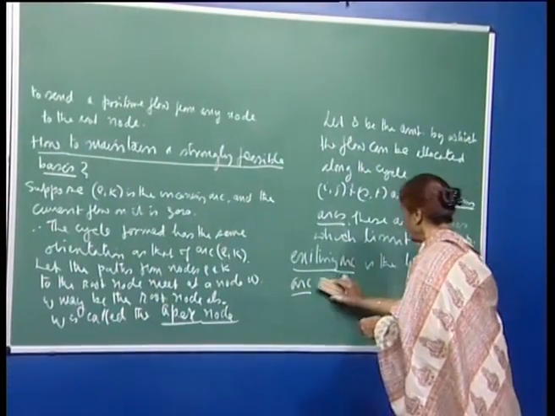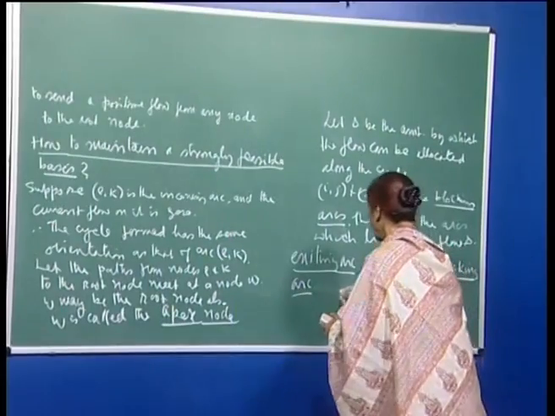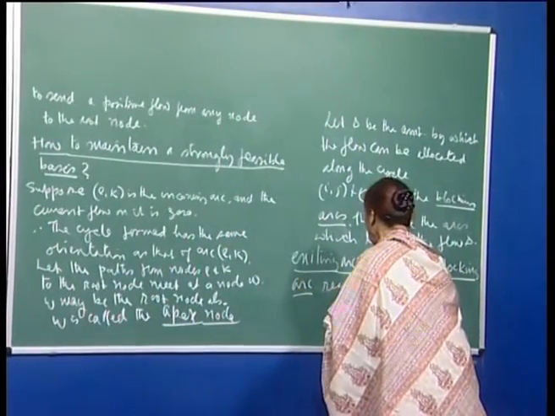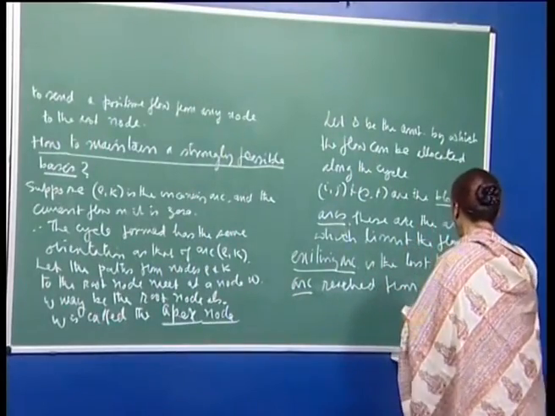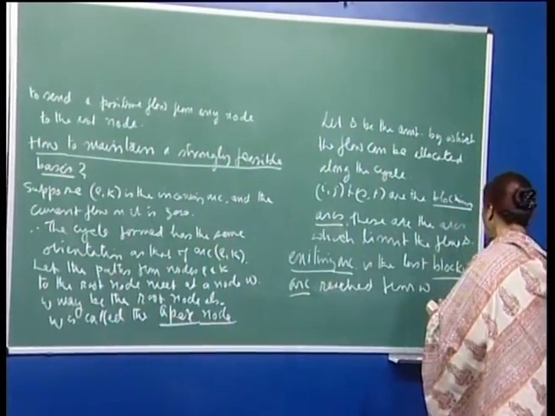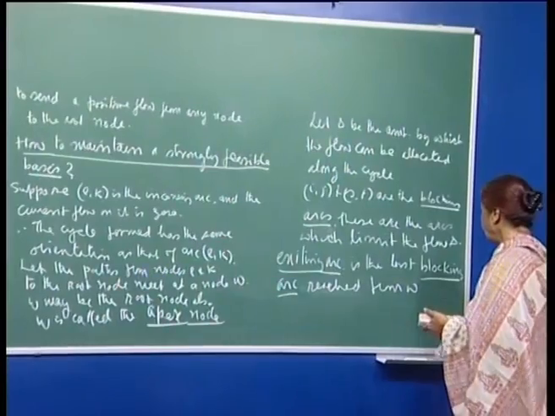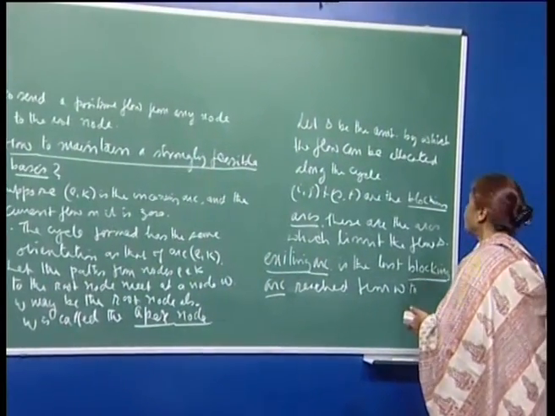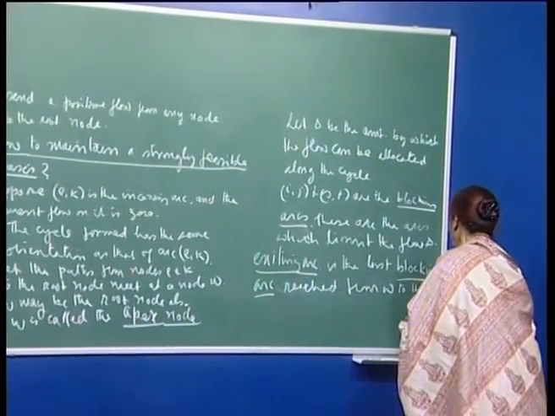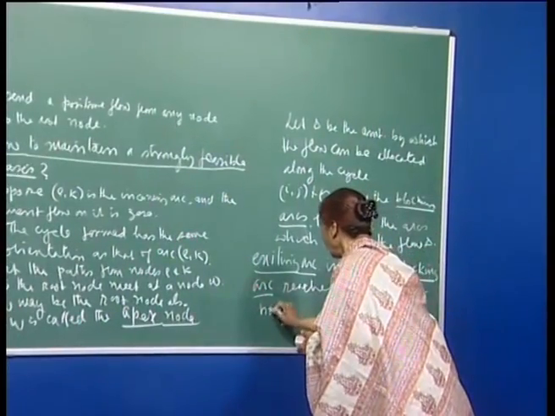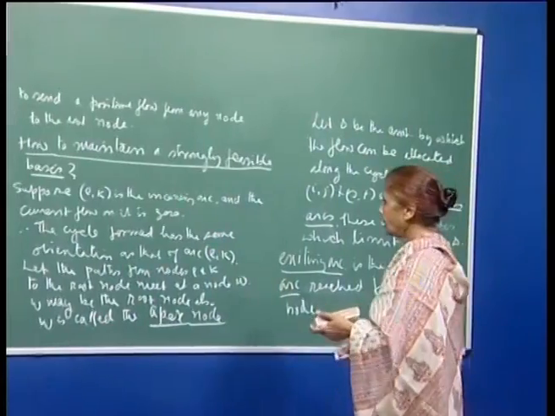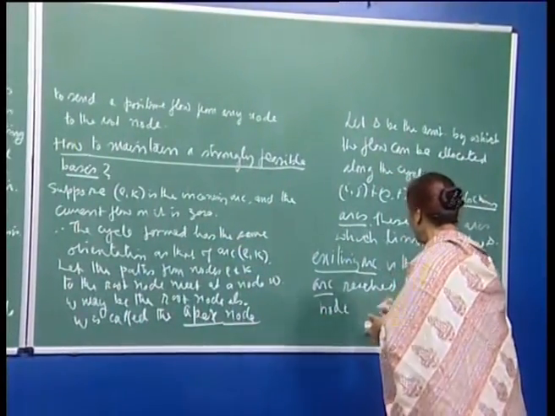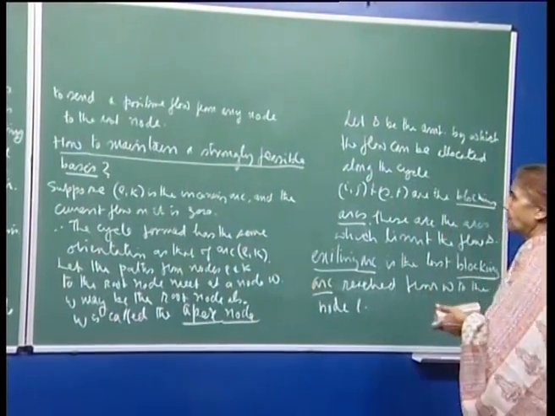Okay, last blocking arc reached from W, that is the apex node, reached from W to the node L, where we said the incoming arc is LK. Let me explain what that means.